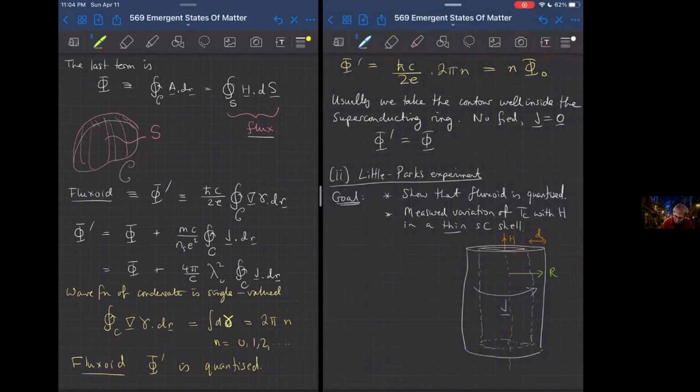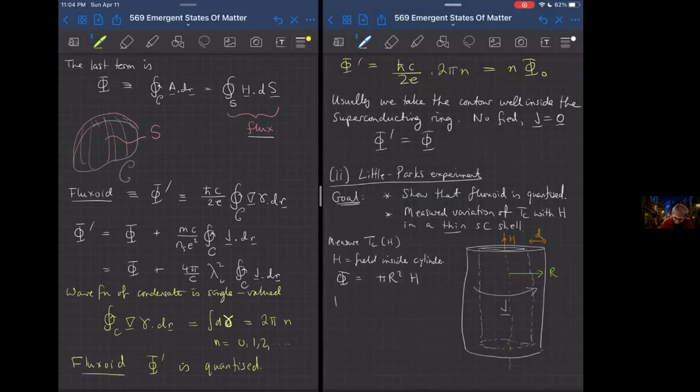So what we're going to measure is Tc as a function of h, and h is the field inside the cylinder. So the flux is just pi r squared times h.